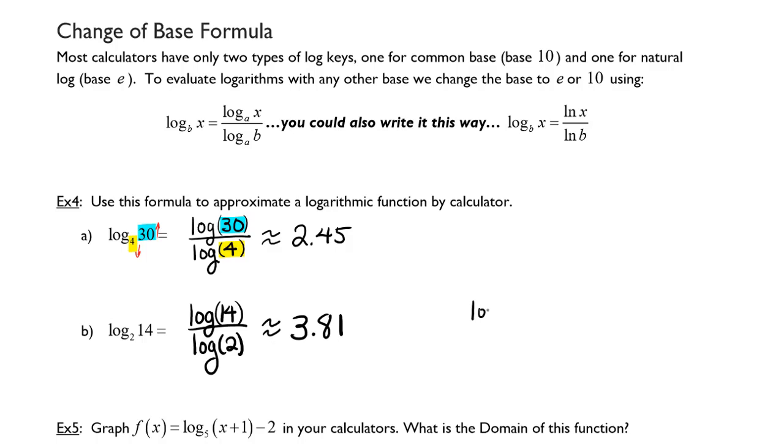Note that log of 14 divided by log of 2 does not equal log of 14 divided by 2. Don't do that. That's completely wrong. But it is worth noting because I do see it happen on occasion.